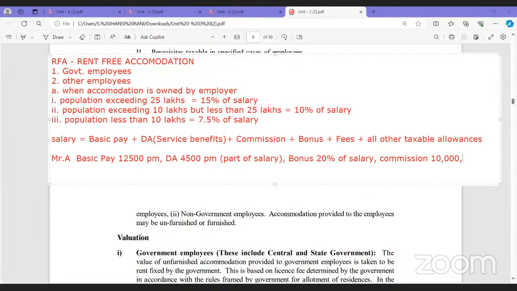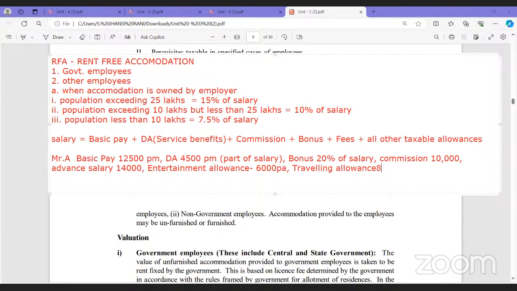Commission 10,000, and advance salary 14,000, and entertainment allowance, the amount is 6,000 per annum. Next, traveling allowance 8,000 per annum.